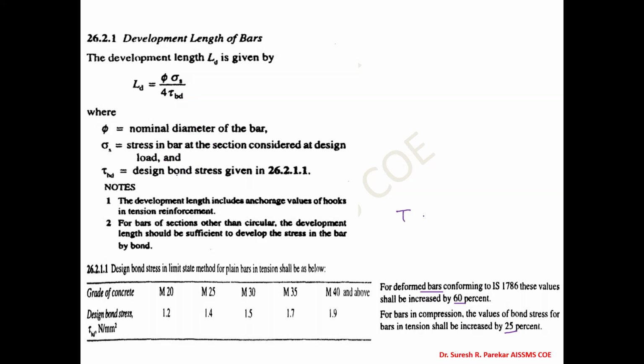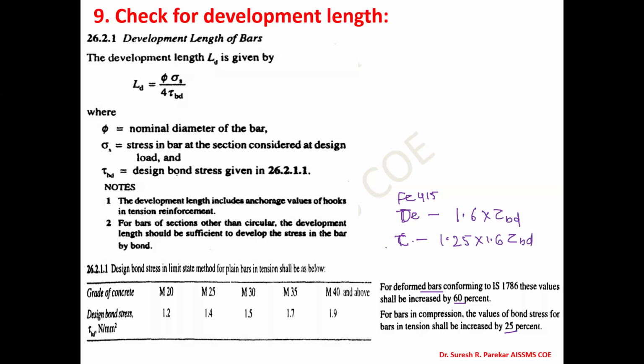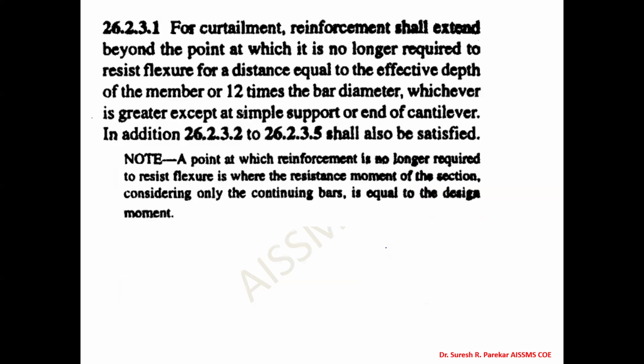So if we have tension, tau bd becomes 1.6 times tau bd, and for bars in compression we have this value. This is for deformed bars, that is for Fe 415 and 500. For compression, we again multiply by 1.25. Likewise, you have to go for development length and find it.